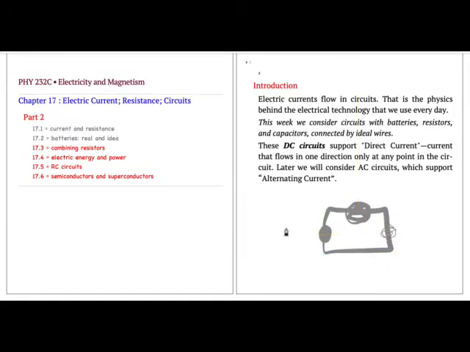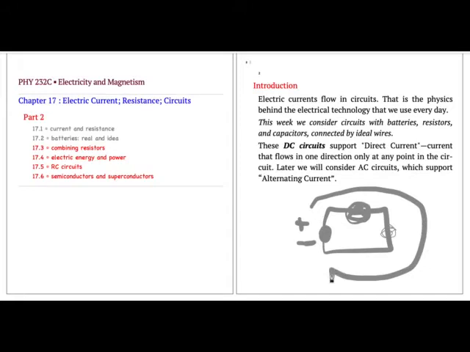But a battery has an EMF, an electromotive force, because a battery maintains a potential difference between the positive terminal and the negative terminal. So the electric current from a battery will just flow in one direction.